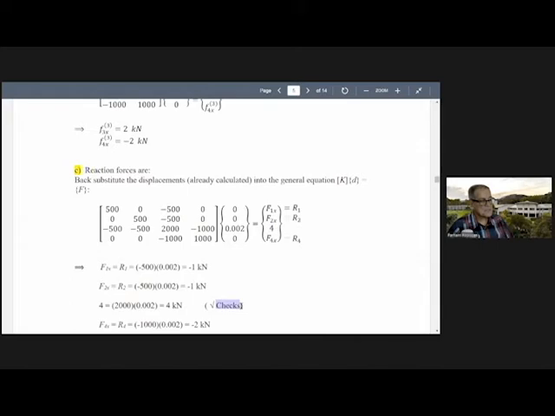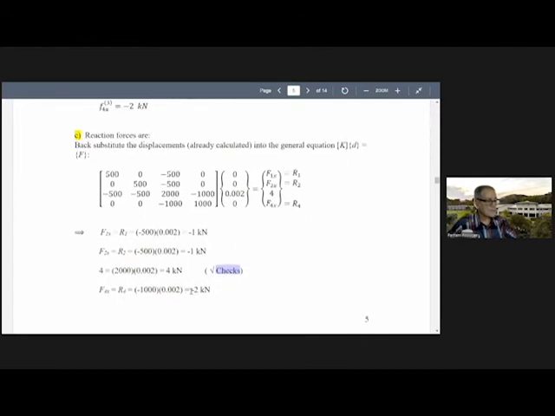It is just to make sure that we have done it correctly. If we have made a mistake, it will show it here. But we already know the value of this, what we should get, and it checks that we have done it correctly. And for the last one, last row times this column, we get reaction at node 4, we get negative 2. These are the reaction forces that we wanted to find.